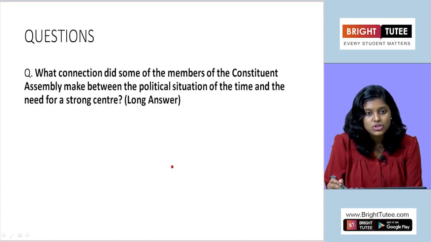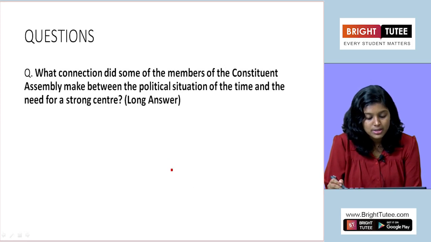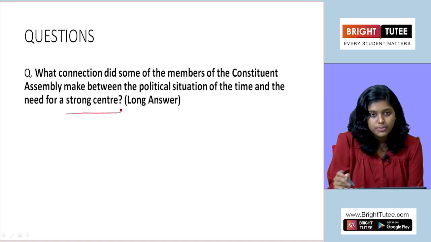So the question which comes up from this part is, what connection did some of the members of the Constituent Assembly make between the political situation of the time and the need for a strong center?